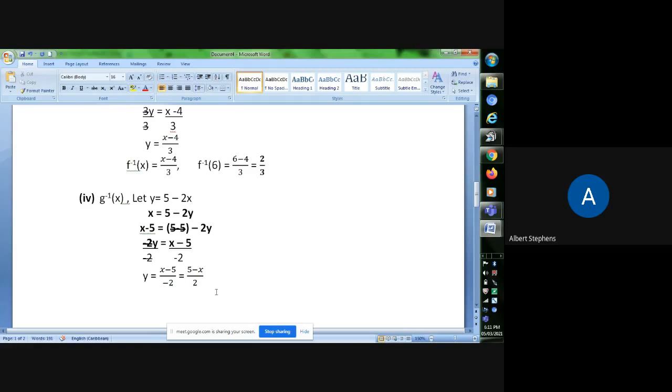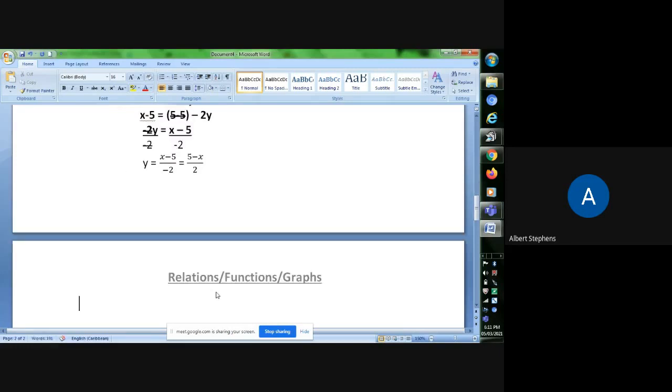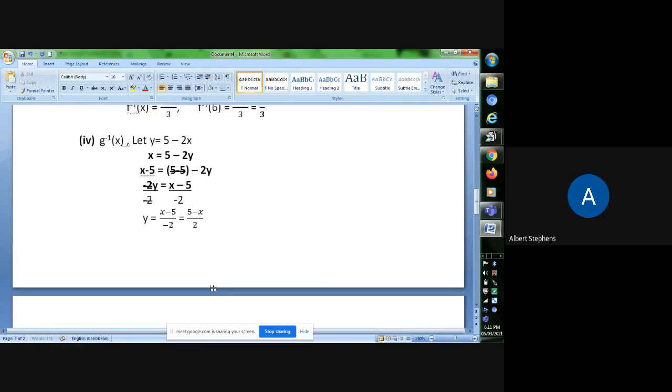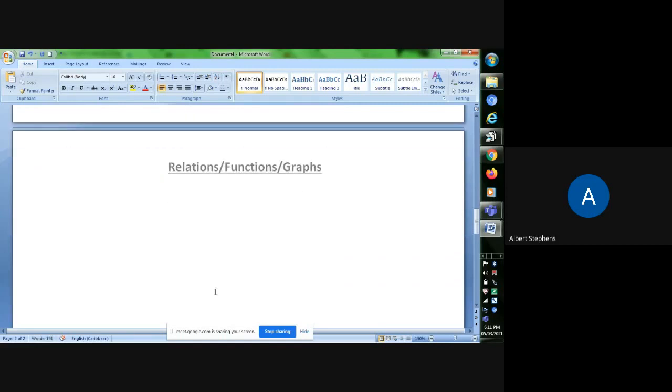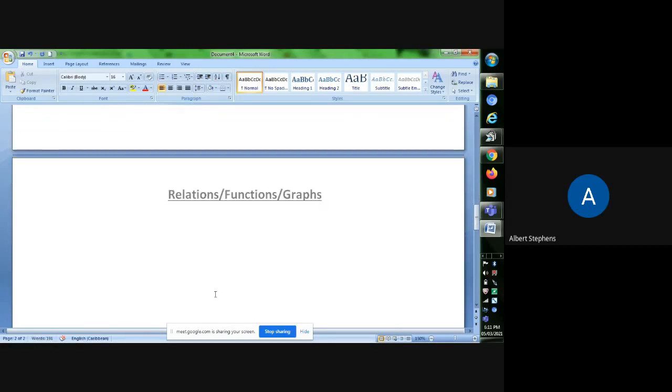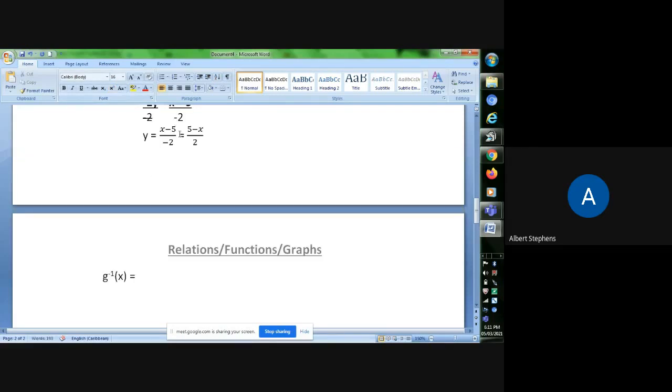So therefore, g inverse of x is this. I'm going to use this one because it looks neater, not true?